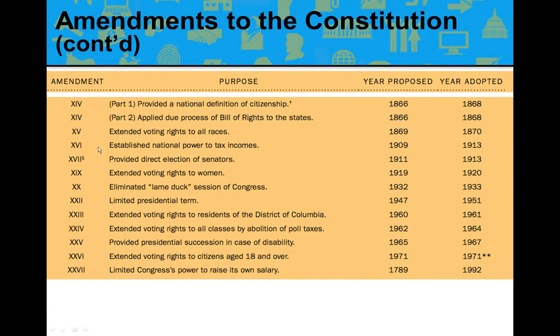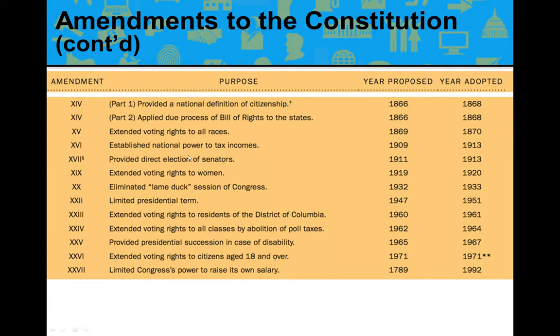And then we had the national income tax right before World War I. And here is the amendment that deals with extending rights to women. That's Amendment number 19. The 22nd Amendment deals with limiting presidential terms to 2 terms. And the 26th Amendment extended voting rights to citizens aged 18 and over.